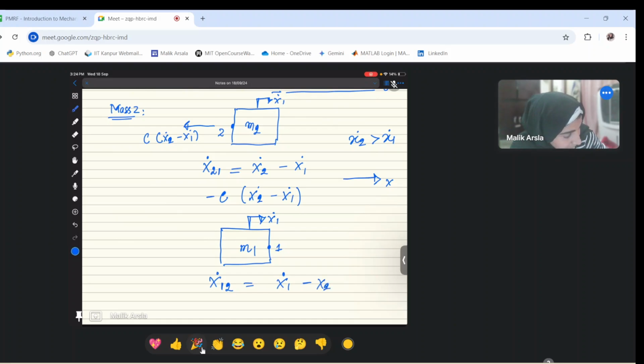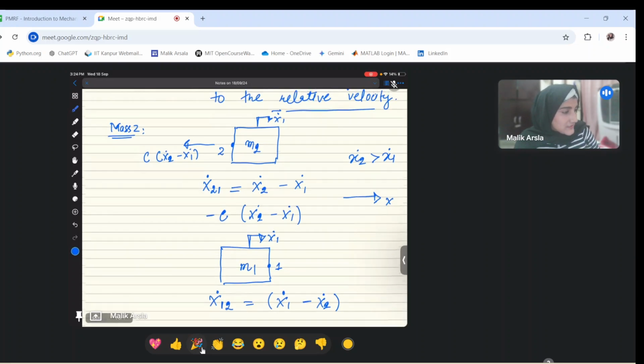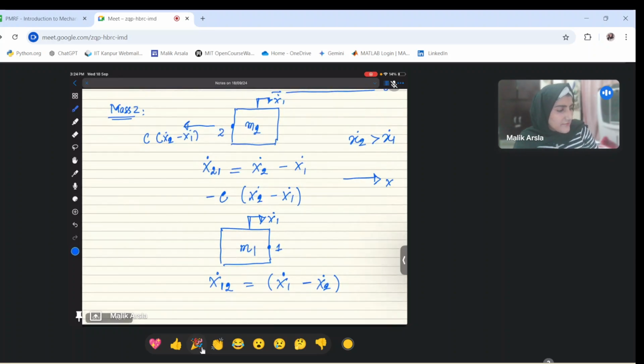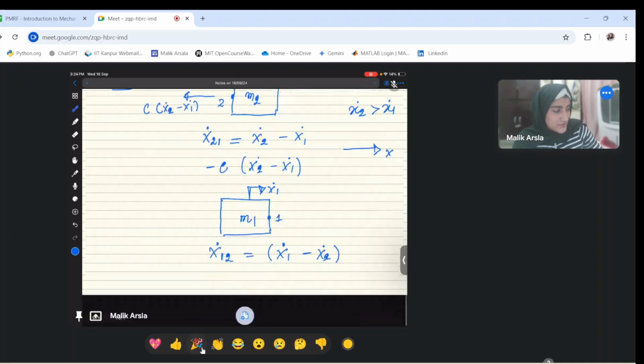This will be my relative velocity. Again, x2 dot is greater than x1 dot, so this term will be negative, so it tells the direction of the relative velocity.